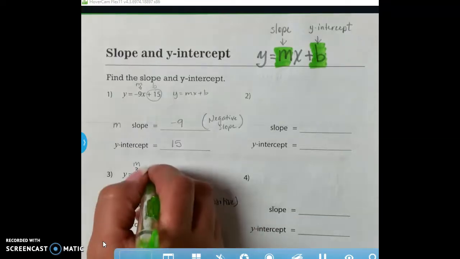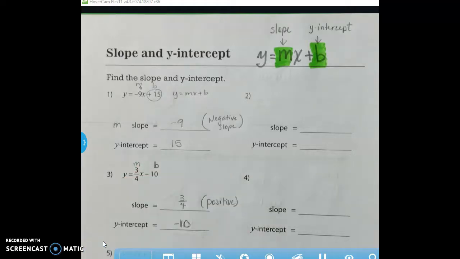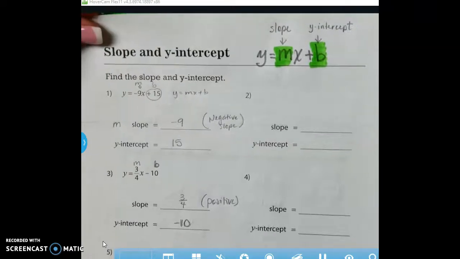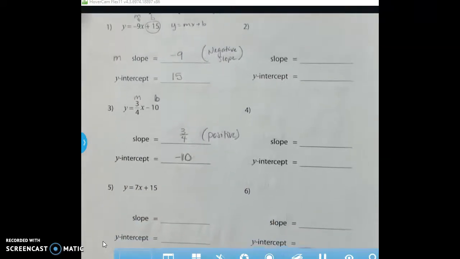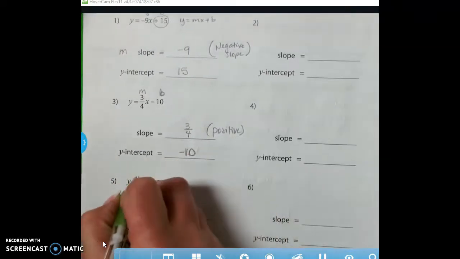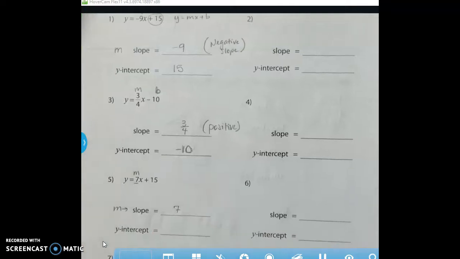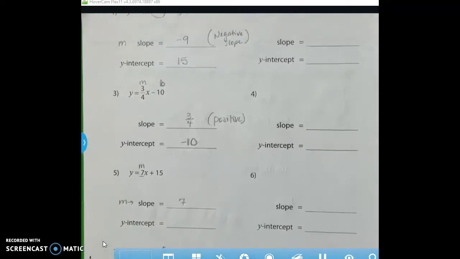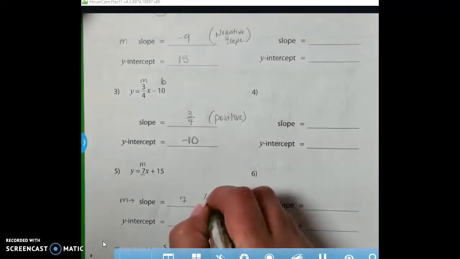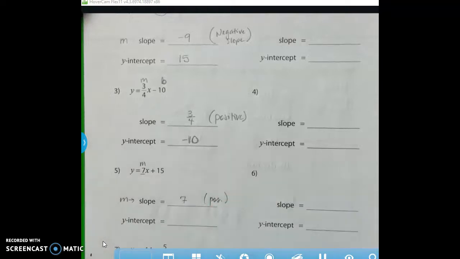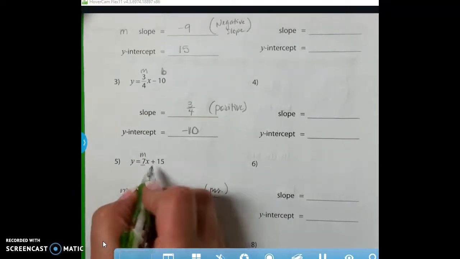So again, our focus is only to identify the values. Really high focus on the vocabulary today. All right, example 5. So m is the value in front of x. That means m, aka slope, is 7. And it's positive slope, positive graph.